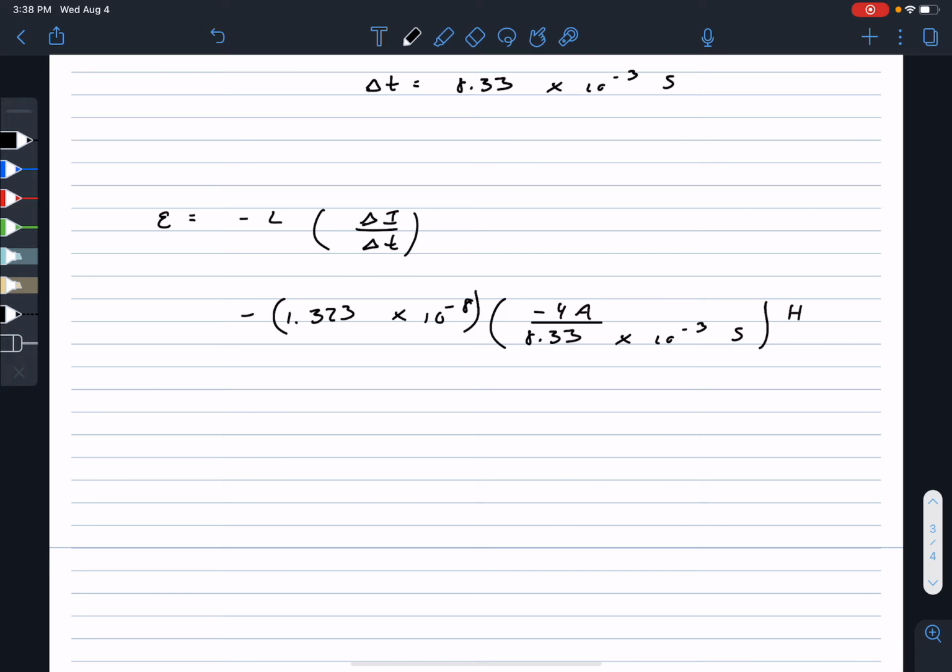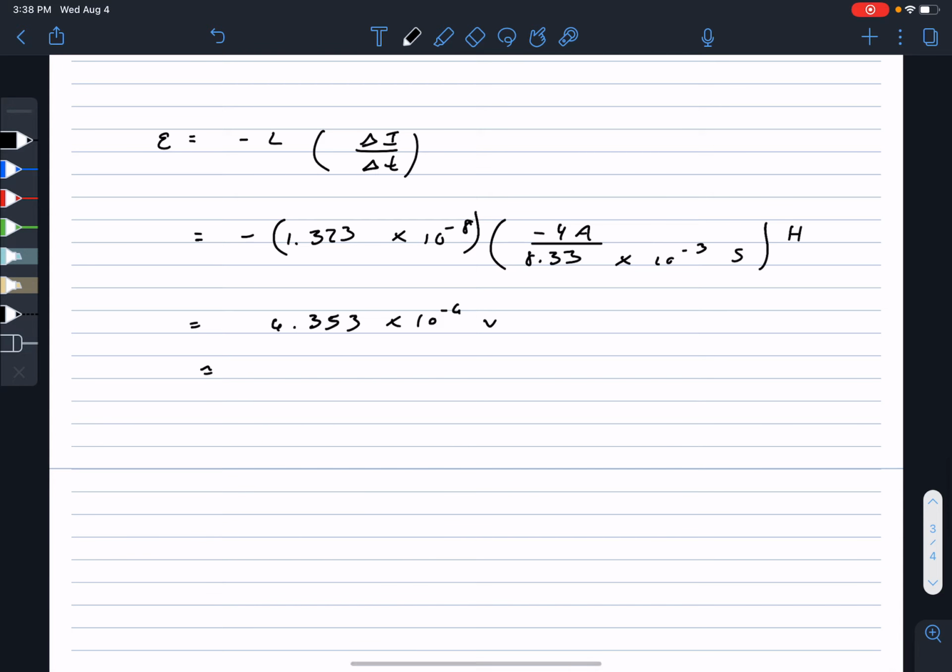And that was Henry for inductance. And then that gives us a value of 6.353 times 10 to the negative 6 volts. Or we'd say 6.35 microvolts.